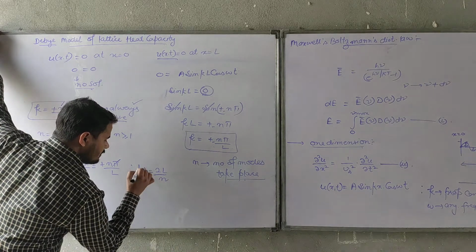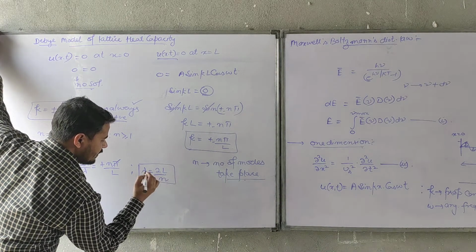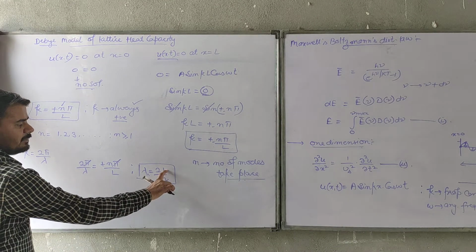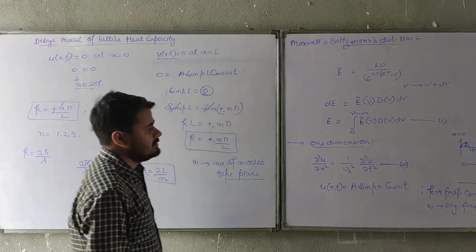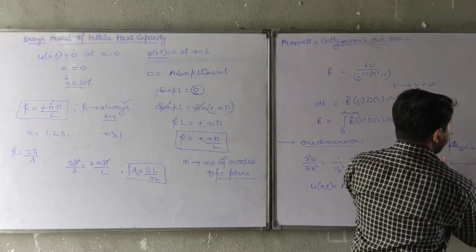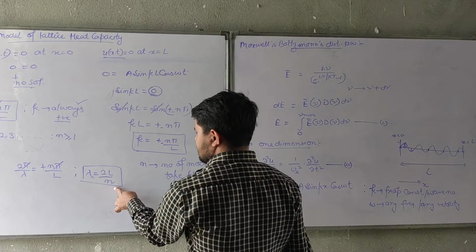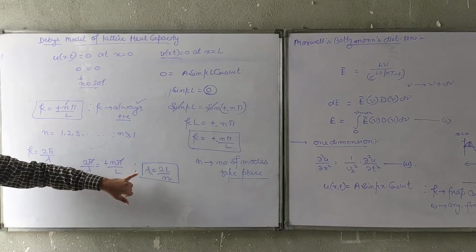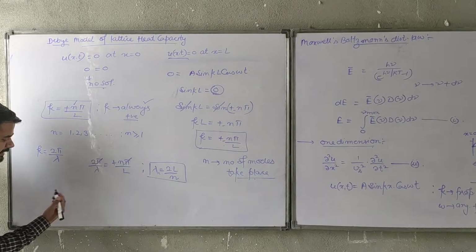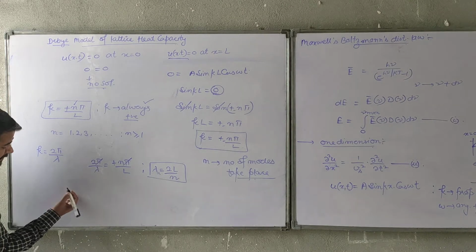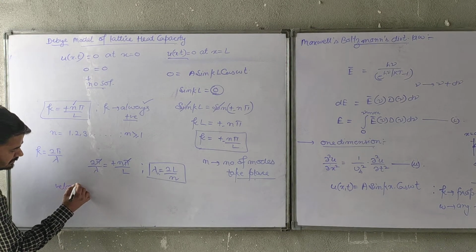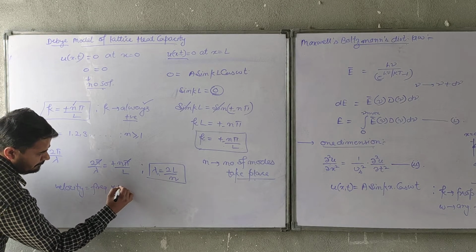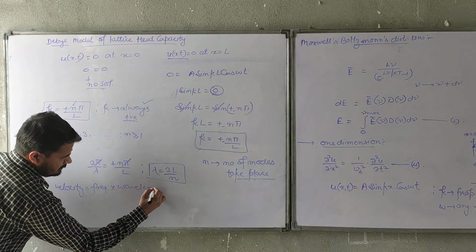Again, that means the wavelength corresponding to a given value of number of mode is dependent upon the L, that is the dimension length of this string, and it is inversely proportional to the number of mode n. If we have the value of lambda n, again we calculate the value of frequency. We know that velocity is equals to frequency multiplied by wavelength.